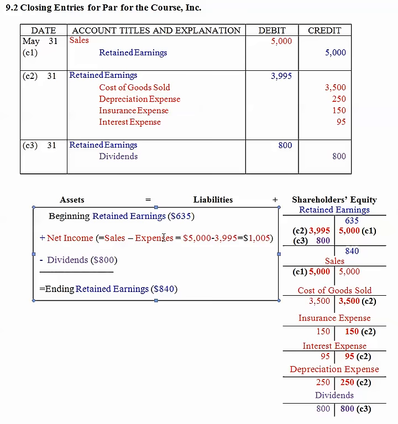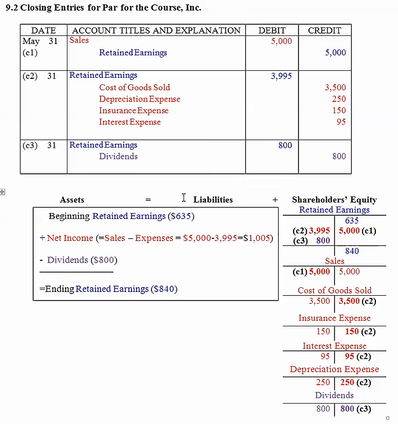The net of those two is your net income. So we have our beginning retained earnings plus net income of $1,005, which is the same balance on the income statement. And then you subtract the amount you didn't keep of those earnings, dividends, and you get your ending balance of $840.